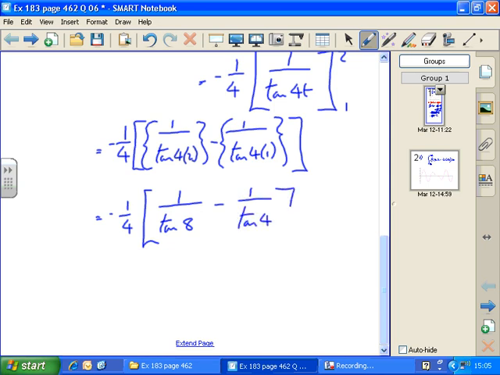And again, making sure that your calculator is in radians, you should be able to confirm the answer in the textbook.